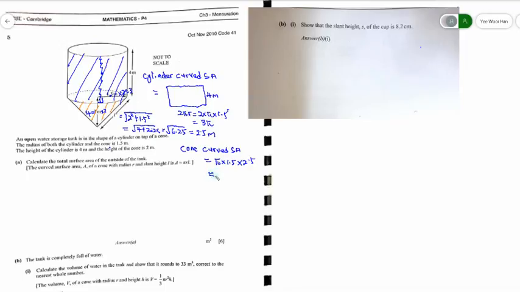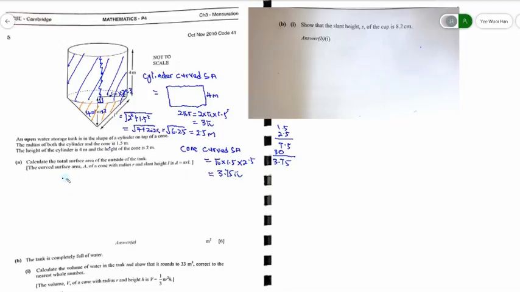So 1.5 times 2.5 is 3.75, so this gives you 3.75 pi.